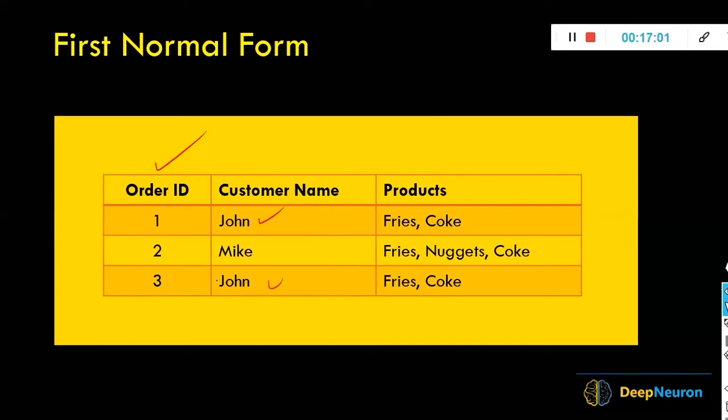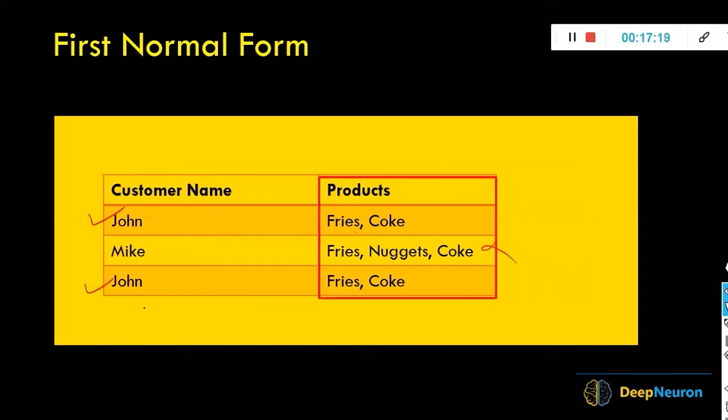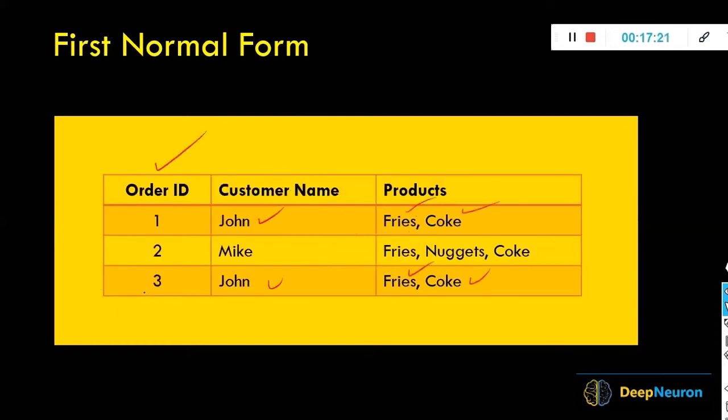He ordered two different times. In order ID 1, he ordered fries and Coke in the past. In order ID 3, he ordered fries and Coke again. Order IDs are different. This way, I addressed the duplicate issues.